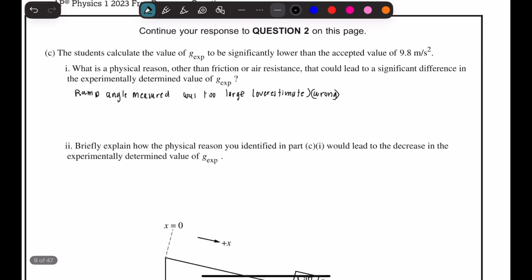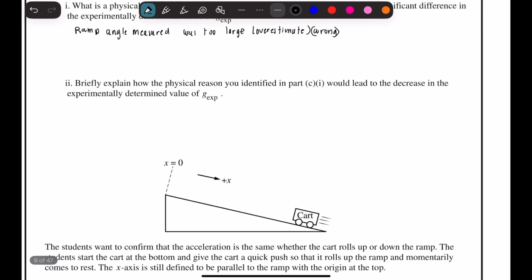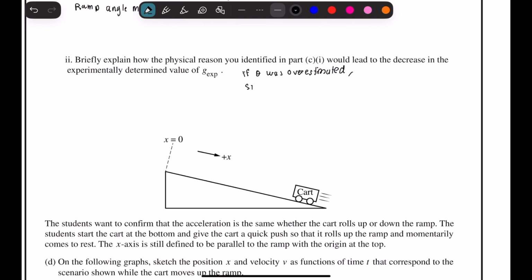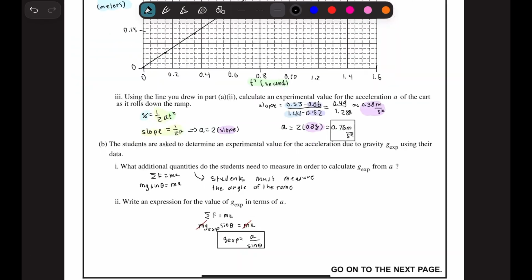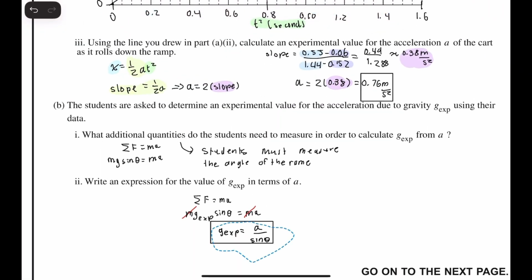Now briefly explain how the physical reason you identified in part C1 leads to a decrease in the experimentally determined value of g experimental. Well, we know that if theta was overestimated, that means sine theta would be too large, and we have g experimental as this expression, right?